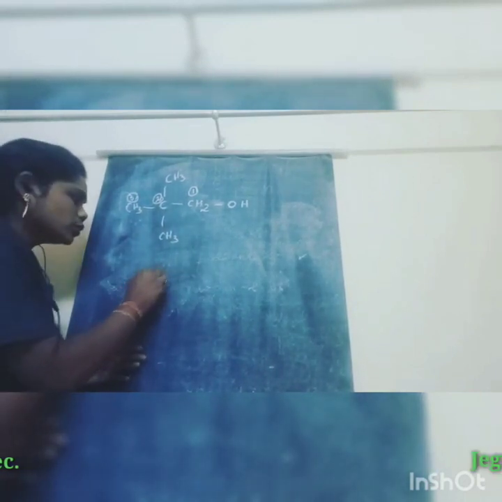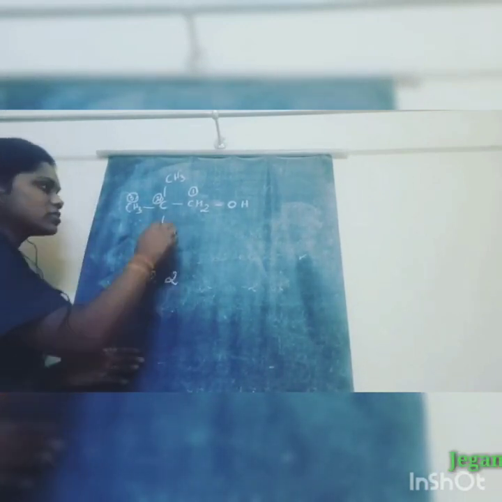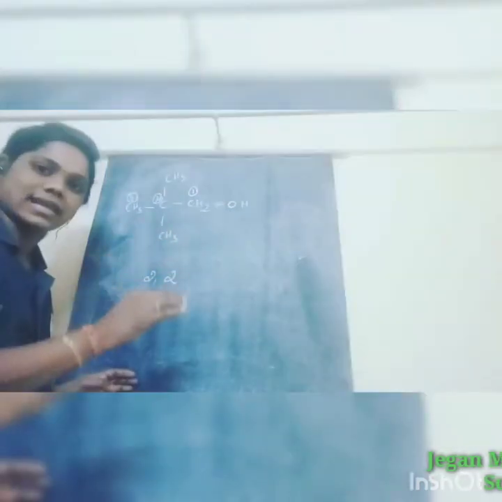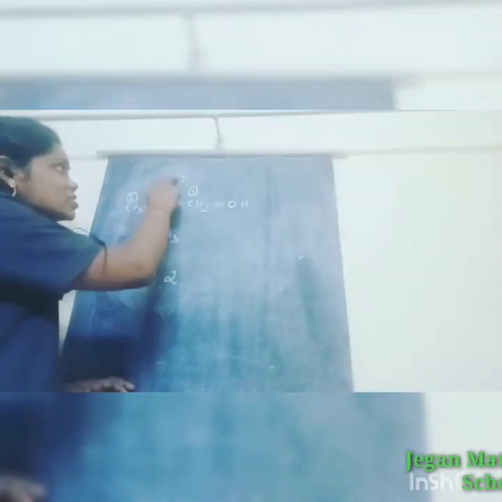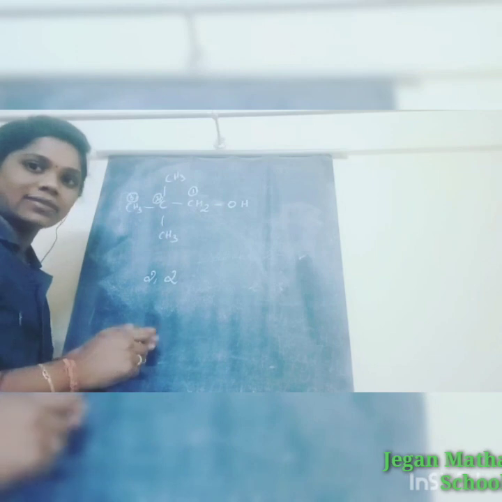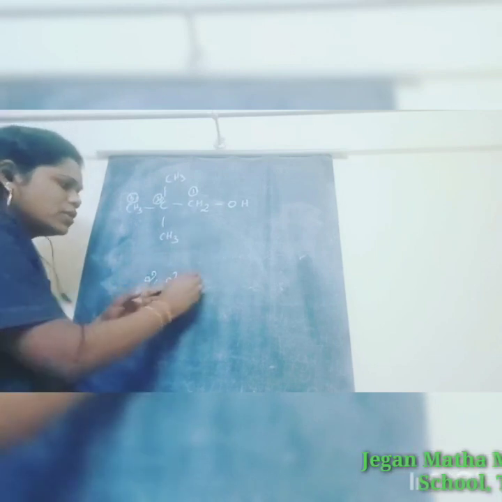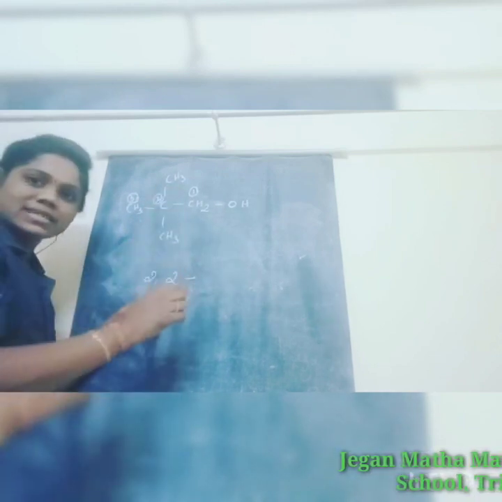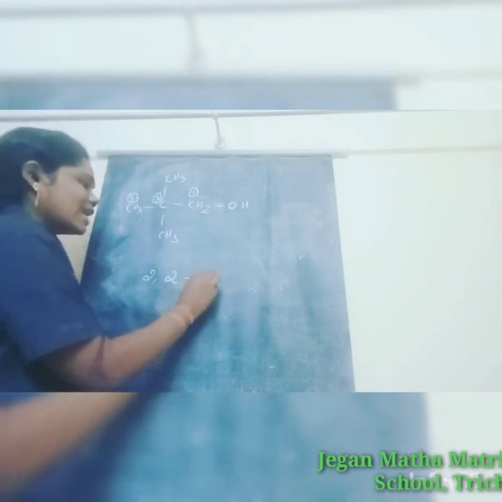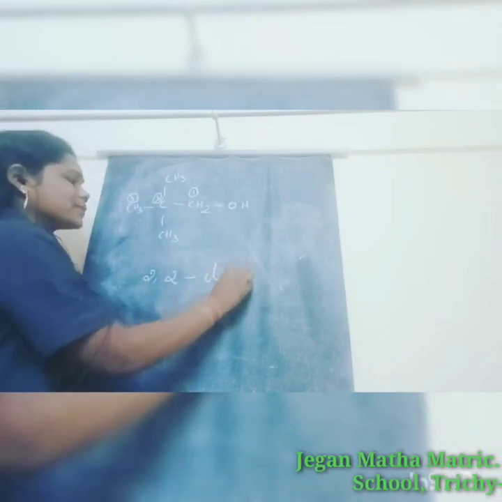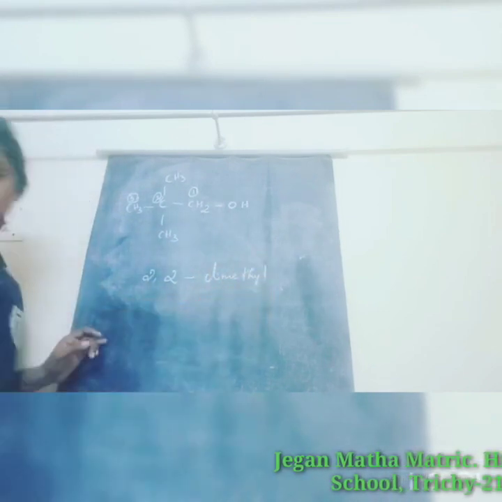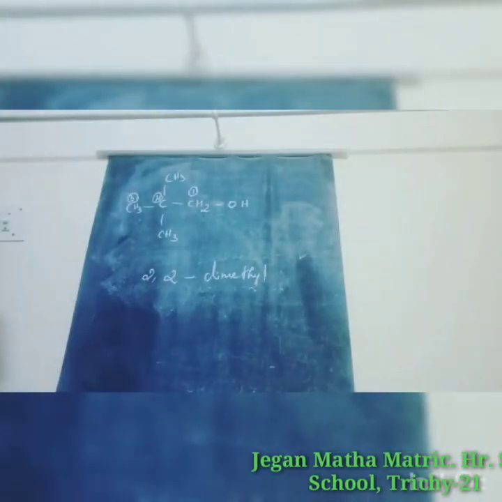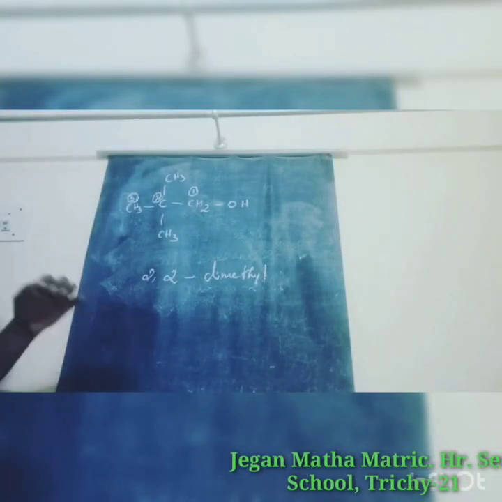So 2, 2. Here a methyl group is present on the second carbon and here also on the second carbon. So 2, 2. Totally 2 methyls present means di, so dimethyl. So that is the prefix with position numbers, 2,2-dimethyl.